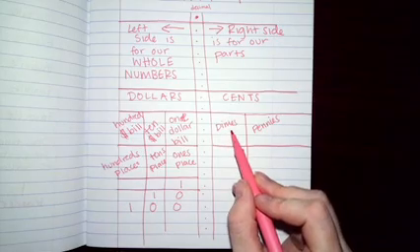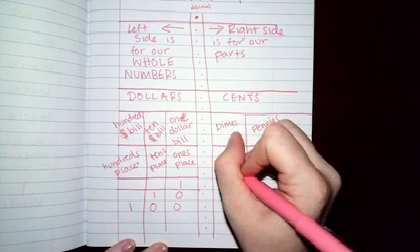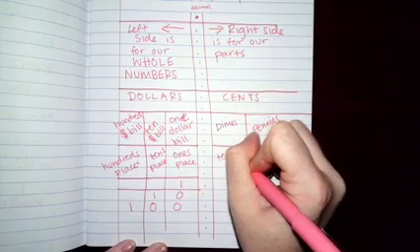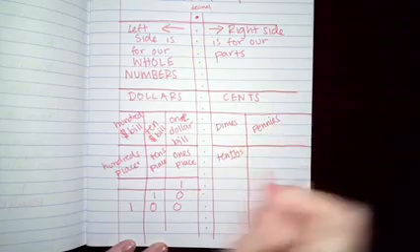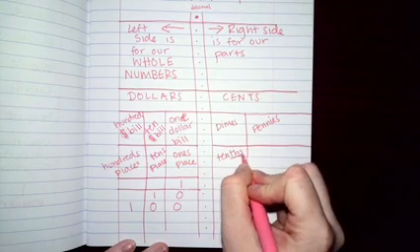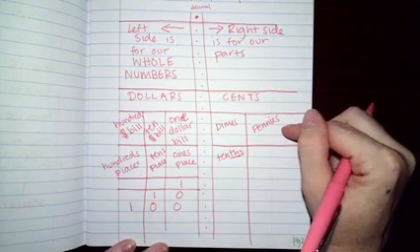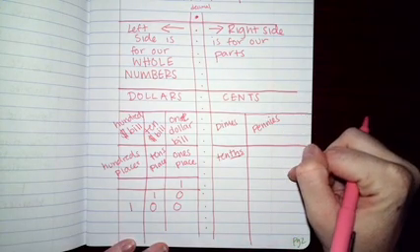So dimes are 10 cents. So that makes the dimes place our tenths place. It is tenths. The THS lets me know it's a part, not a whole. And my pennies is my hundredths place.